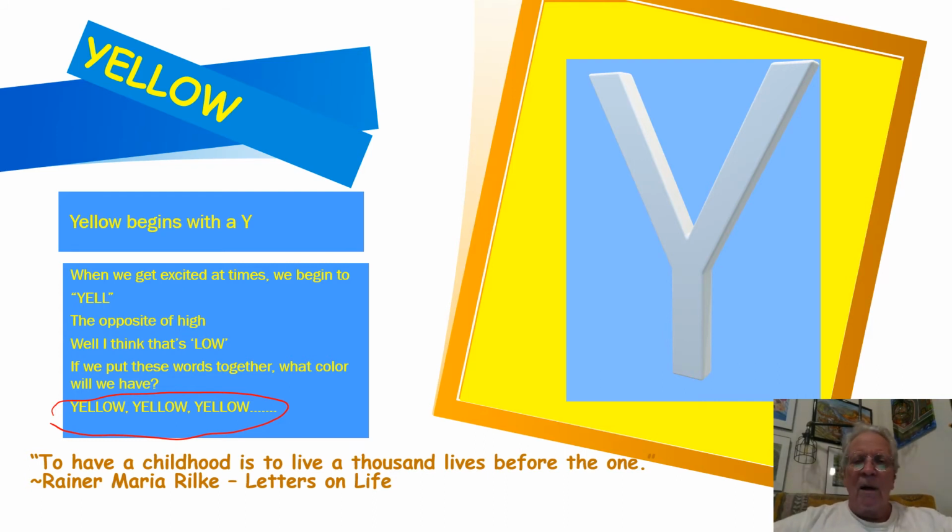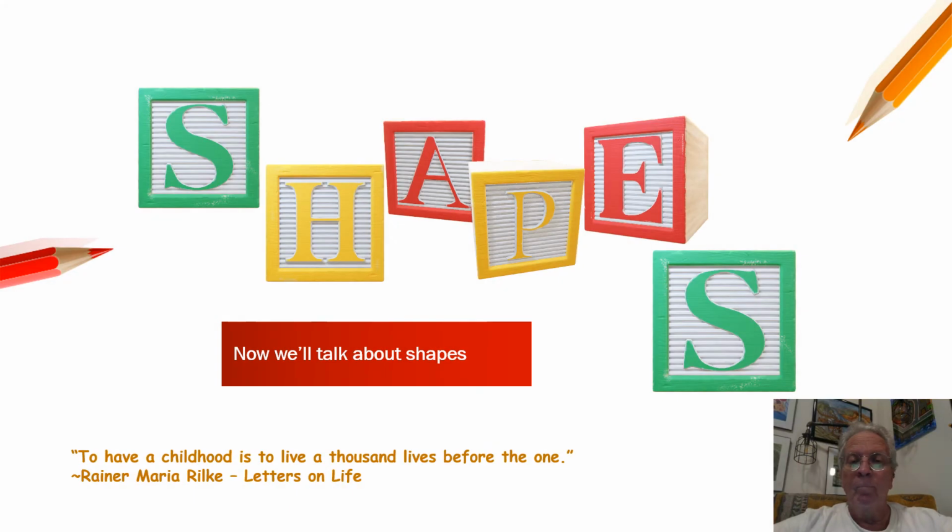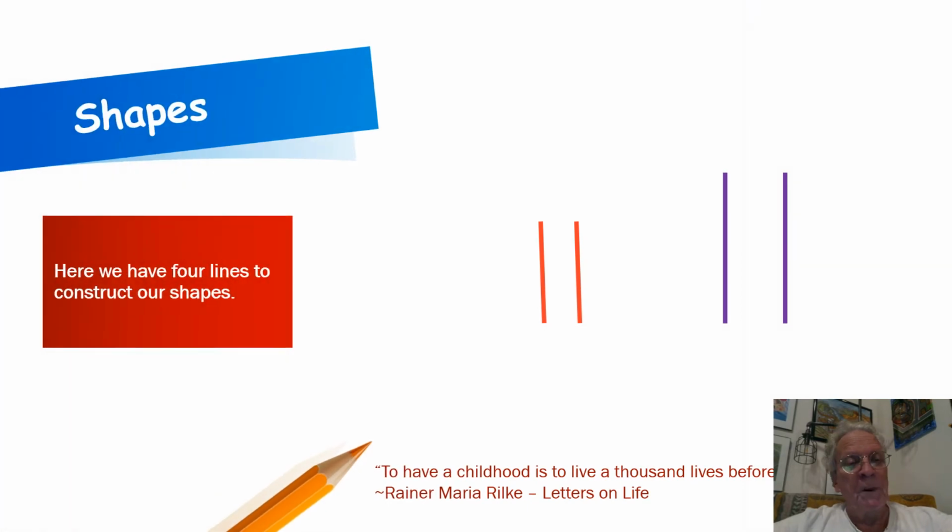Okay, so we've got our primary color now. We've got our secondary color, and so we've looked at green and yellow. Oops. Well, the block that just turned too quickly is about shapes.